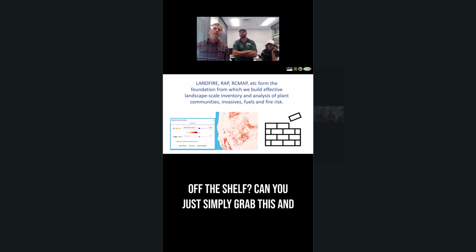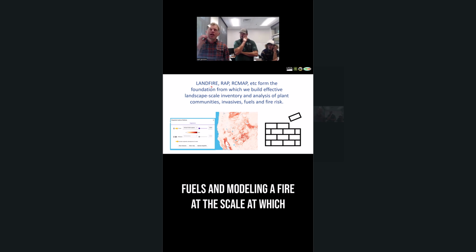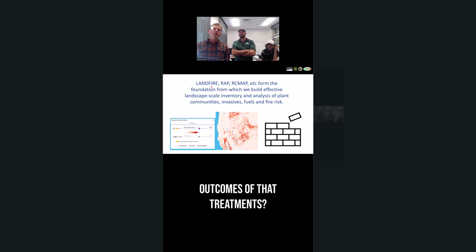Is it accurate enough off the shelf? Can you just simply grab this and run with it to get accurate mapping of fuels and modeling of fire at the scale at which managers decide which treatment to apply, where and when, and what were the outcomes of those treatments?